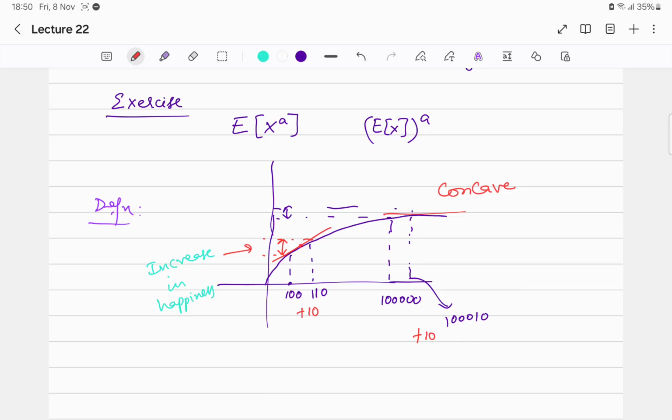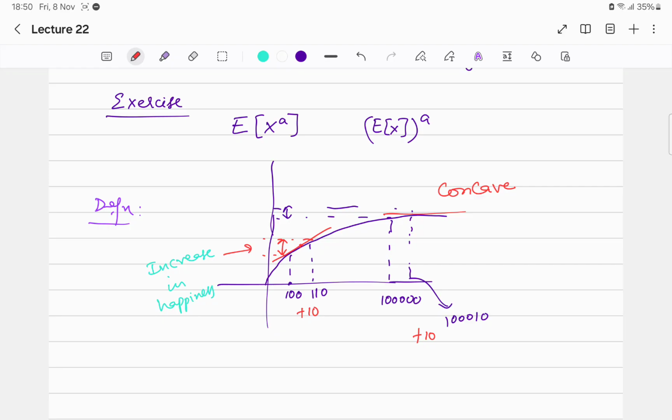So that means the slope of the function should be a decreasing function. As x increases, f dash of x should decrease. Here f dash of 100 is higher than f dash of 1 lakh. So that means the slope is a decreasing function.